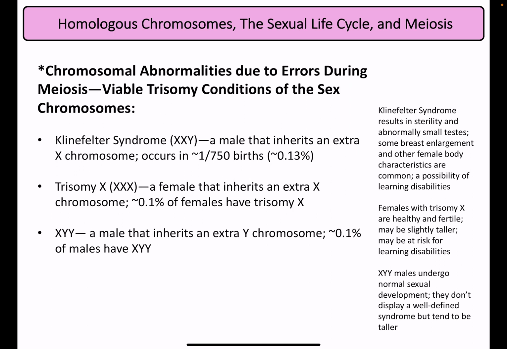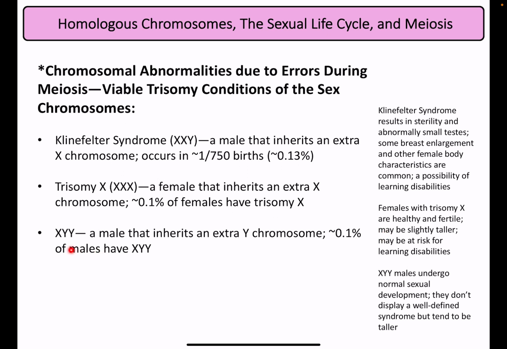Lastly, there are several different conditions where you can have 3 sex chromosomes. 2 of them, you would have no idea that you have it, and they're fairly common. A female can have 3 X chromosomes. They just might be slightly taller, it's the only difference.